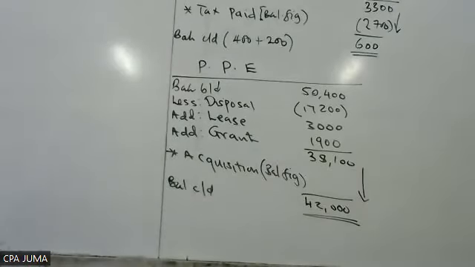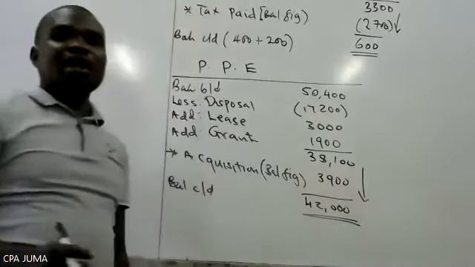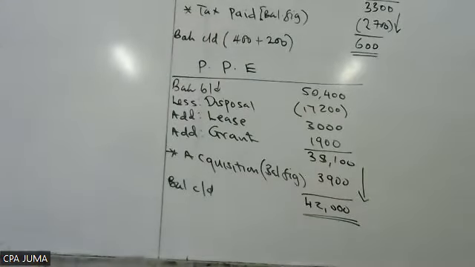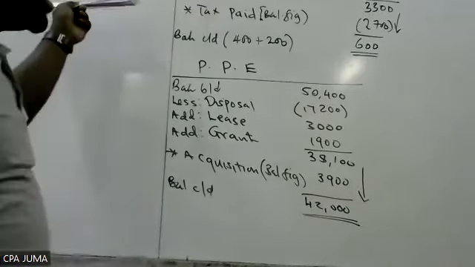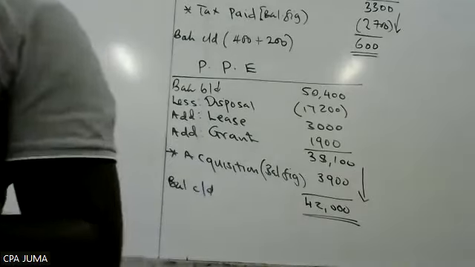So the increase of how much? 3900. So the increase of 39 is what they acquired. And they don't acquire by just talking, they pay. So go back to your cash flow. Under cash paid to acquire PPE, 3900. Make it negative.